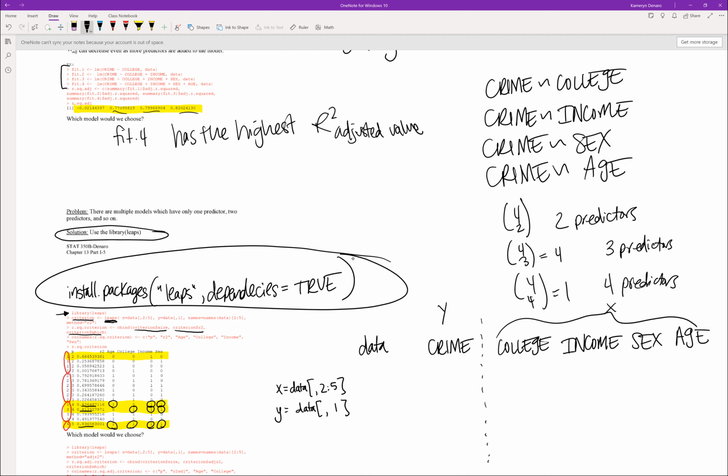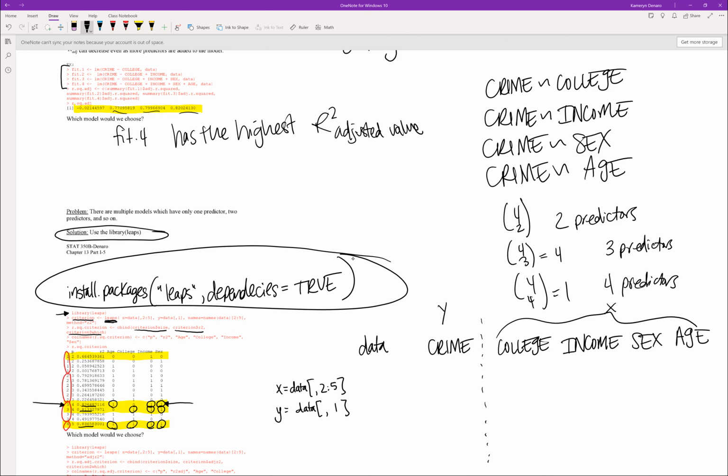Okay, so when I look at these 3 choices, I'd probably end up choosing this model as my final model because the R-squared value is 0.8365, but I have less predictors in my model, and I know that age and college have somewhat of a high correlation.